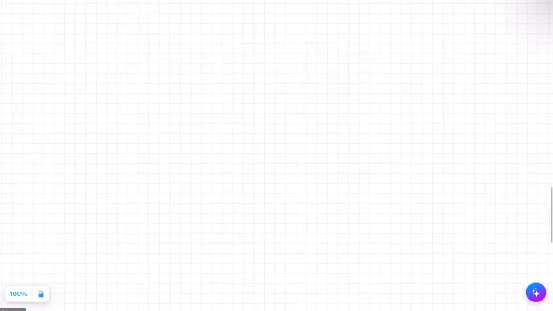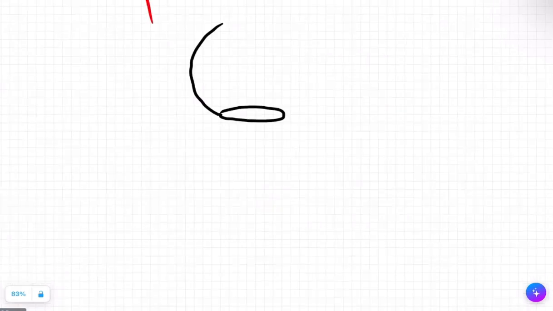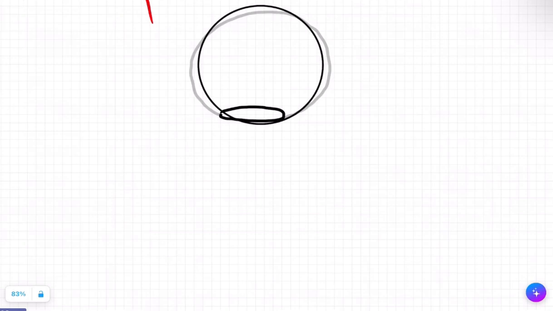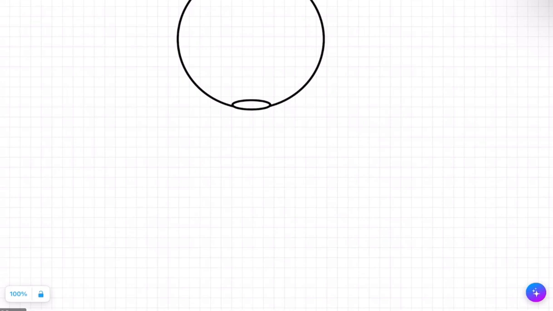Let's see. This is your skull. I'm sorry, I'm making it look like an astronaut. This is your skull, and this is the foramen magnum.